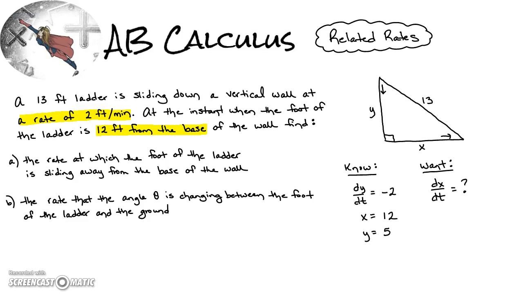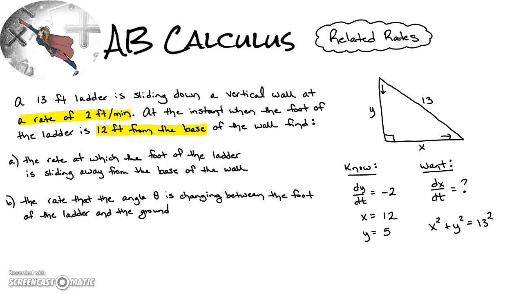Now, an easy equation that relates all of these variables is Pythagorean theorem. So we can say x squared plus y squared equals 13 squared. And for these ladder problems, that's usually the equation you're going to use. In part B, we will use something else because that involves an angle.